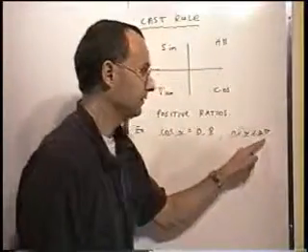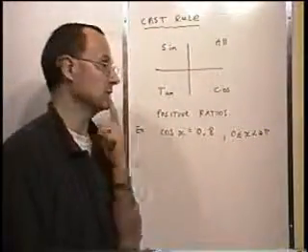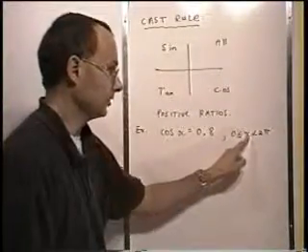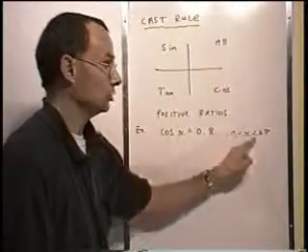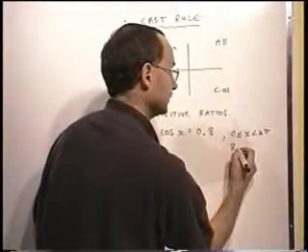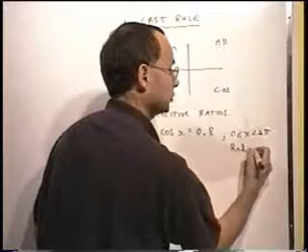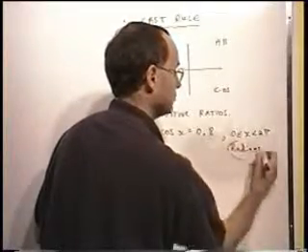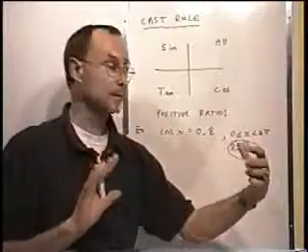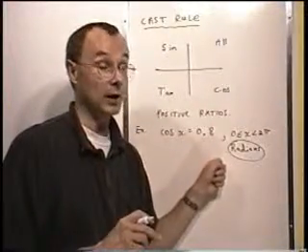Now, this gives us a little more information than just a restriction on the domain. This tells us, because we're going from 0 to 2 pi, that we want our answer in radians, not degrees. So that's a very important observation. When you see this kind of restriction, we know they want the answer in radians.